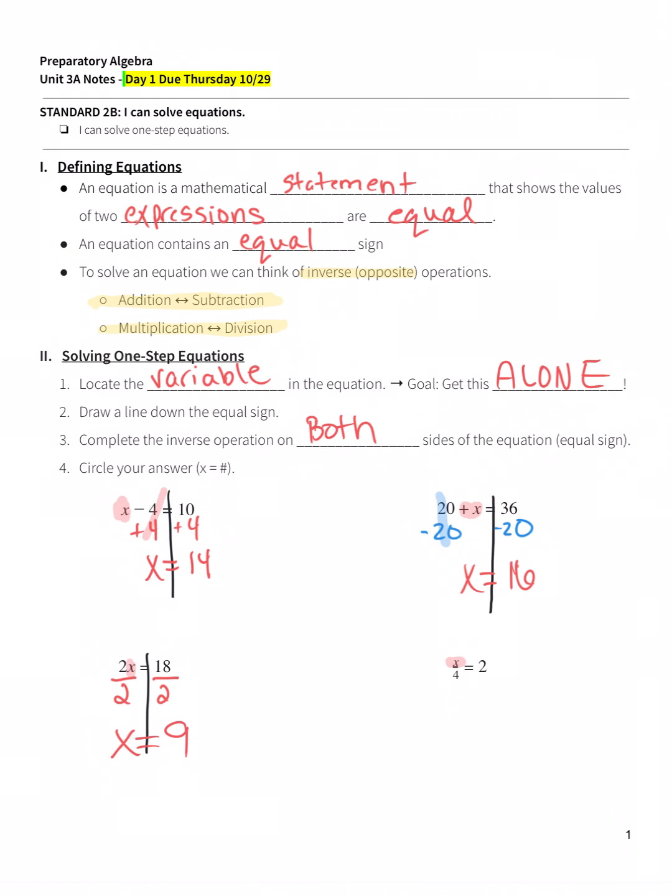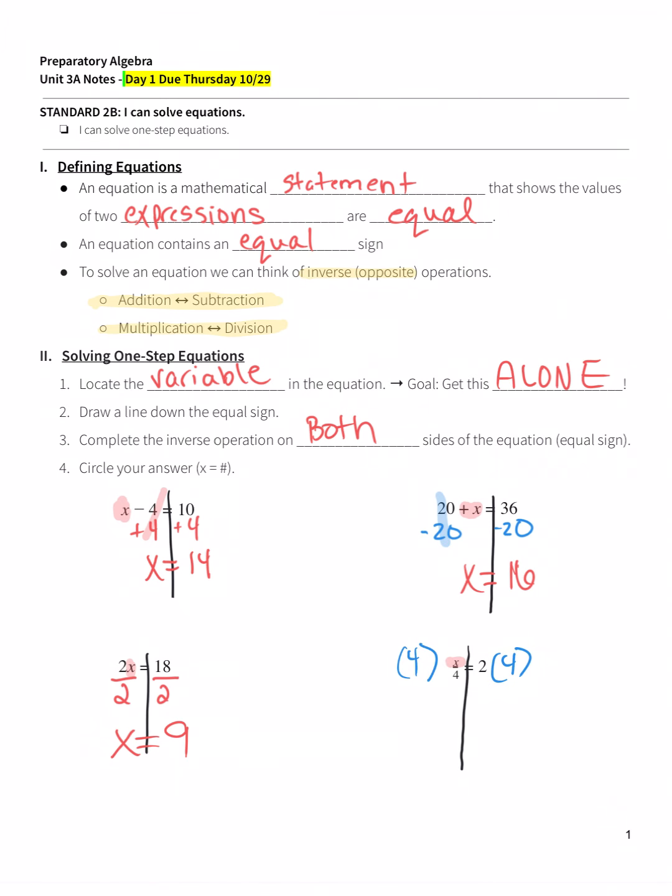My second step is to draw a line down the center. My next step is to do the inverse operation. Well, the opposite of division is multiplication. So I need to multiply this side by 4 and multiply this side by 4.